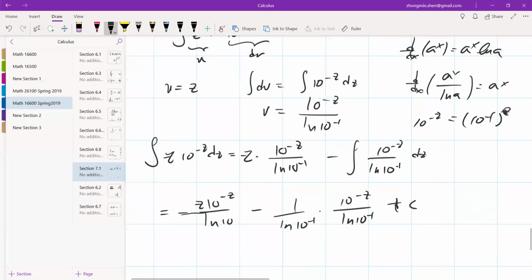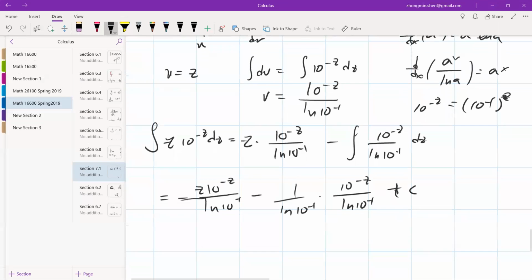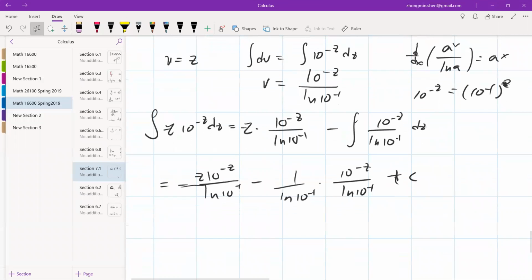Maybe I just still keep it negative, 10 to the negative 1. You can simplify a little bit, but that's enough. It looks ugly because it's 10, not e to the x, it's 10 to the negative x.